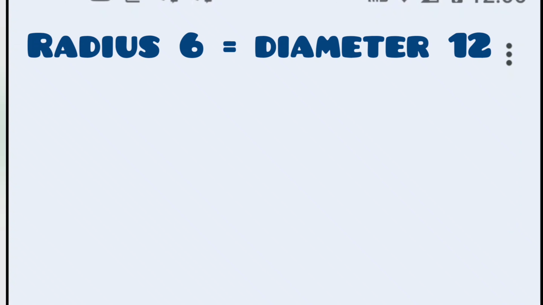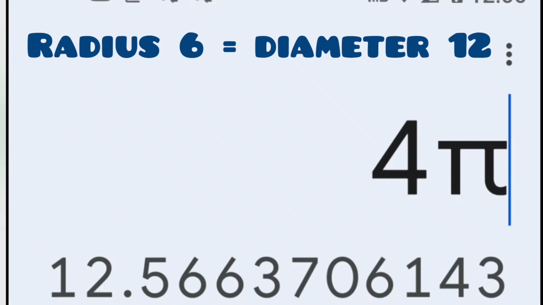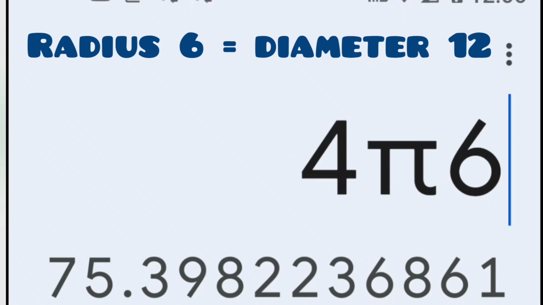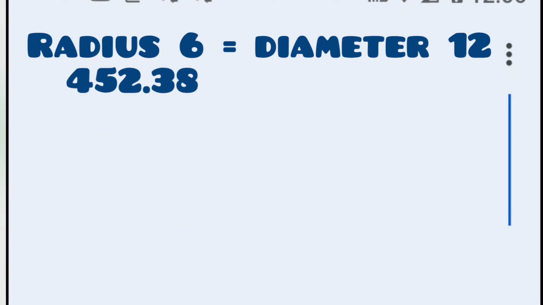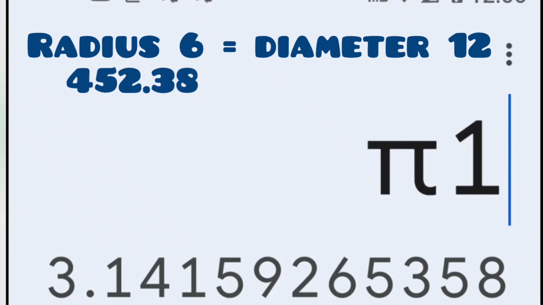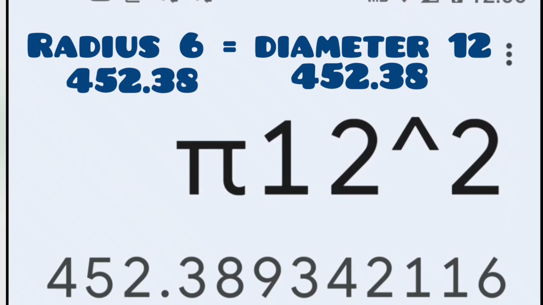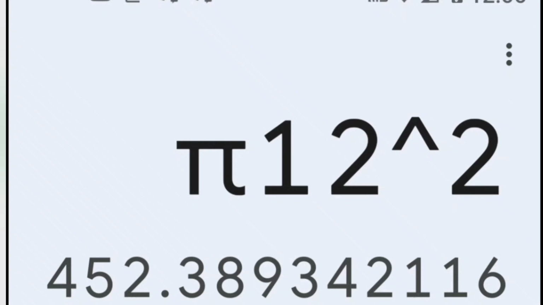So just to show you, 6 is the radius. So we're going to go 4 pi 6 squared, 452.38. So we'll try it with a diameter of 12 instead. Just regular old pi d, pi 12 squared. Also 452.38. Same thing. So they're adding a step here.